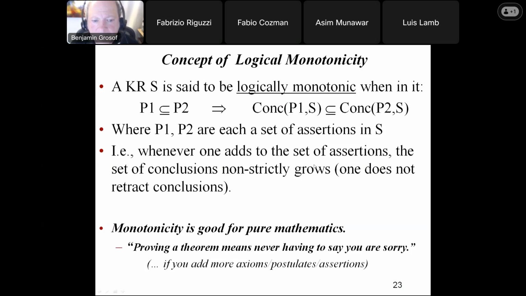In other words, when you add to the set of assertions, the set of conclusions non-strictly grows. One does not retract conclusions. And this is very good for pure mathematics. There was a famous movie line, being in love means never having to say you're sorry. So we have the version of that for classical mathematics, that proving a theorem means never having to say you're sorry if you add more axioms or postulates or assertions.